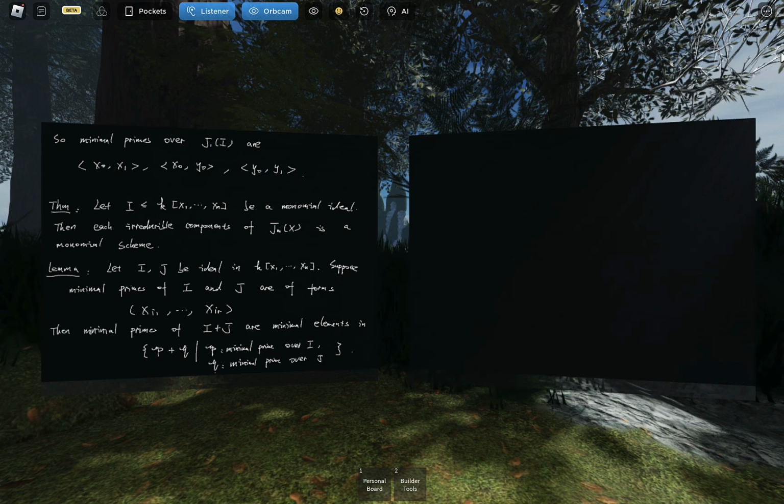So consider I to be the ideal generated by a single monomial, where each exponent is a non-negative integer.